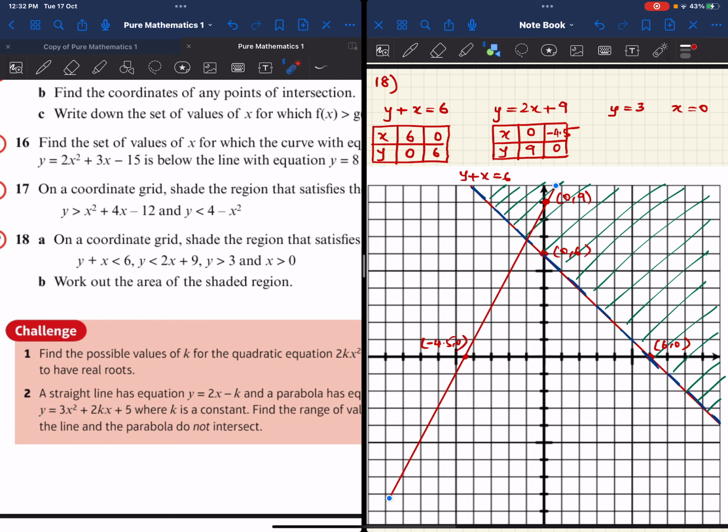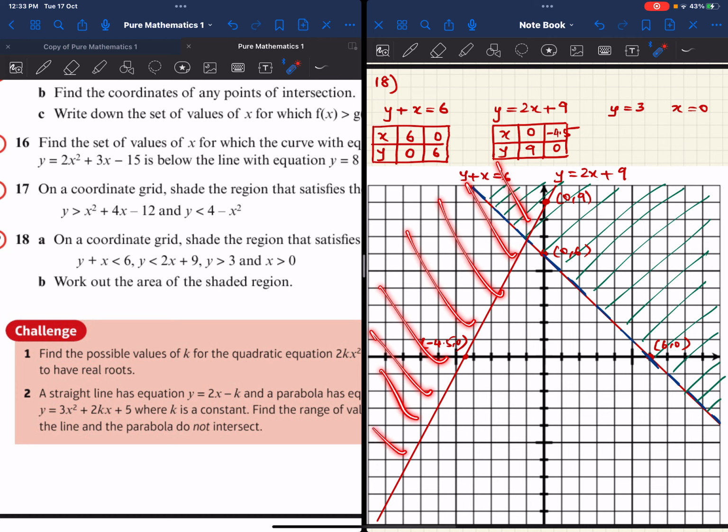Extend it. Okay, so that gives me the line y is equal to 2x plus 9. Once again, the line which is here divides the page into two parts. One part is this one, and the other part is this one.